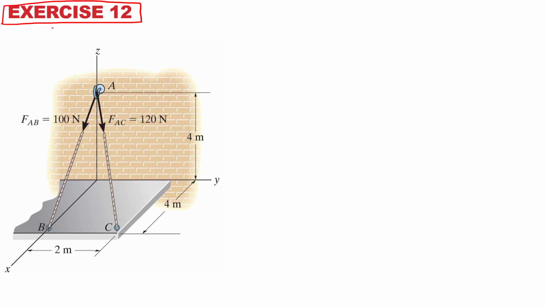Exercise 12. We've got FAB and we've got FAC. Obviously, the first step, look for the coordinates. Where is A? Before you look for coordinates, you better look for the origin first.